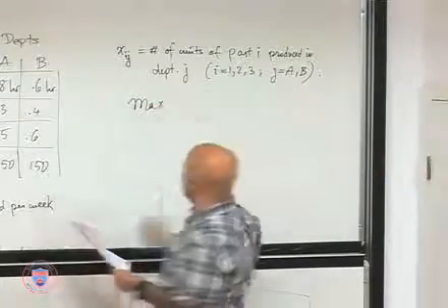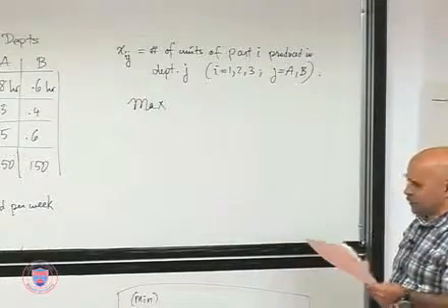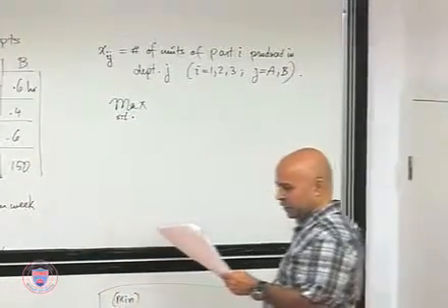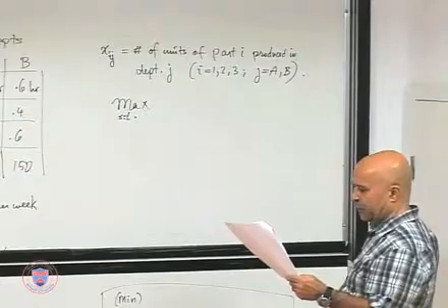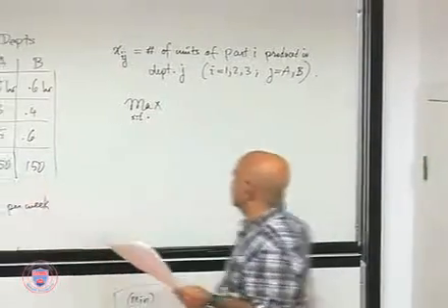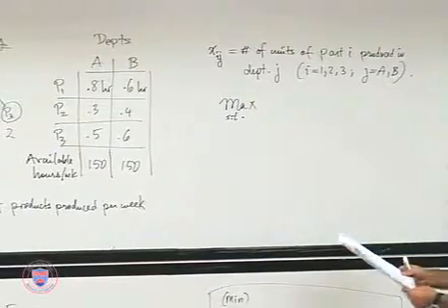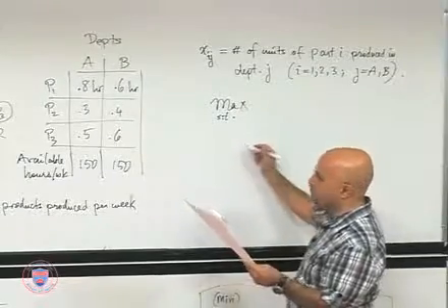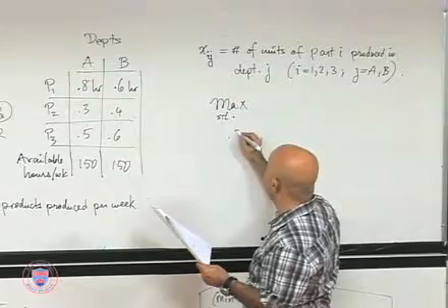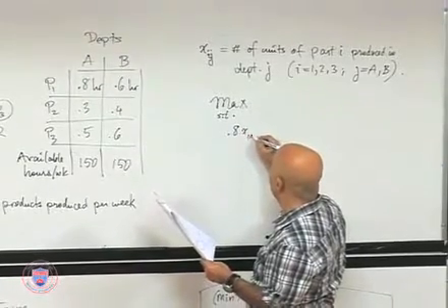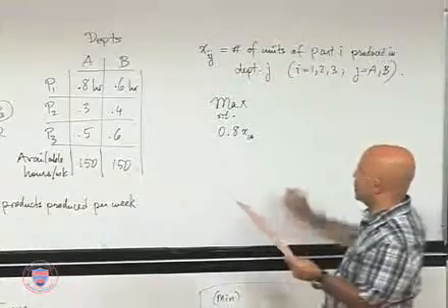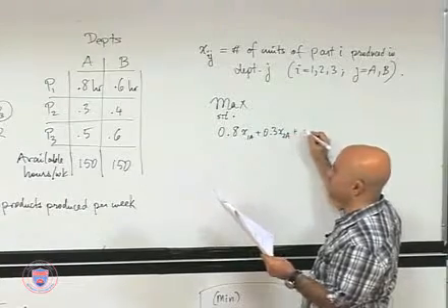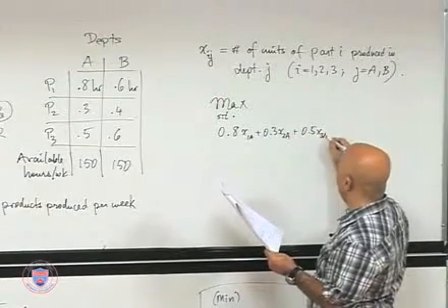So we're going to maximize the number of products that we can produce per week subject to availability constraints. So let's write down the availability constraints first. What is it? It's going to be 0.8 x1a plus 0.3 x2a plus 0.5 x3a.